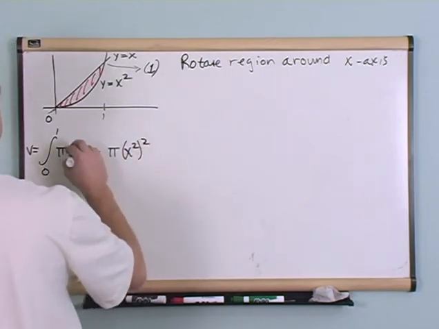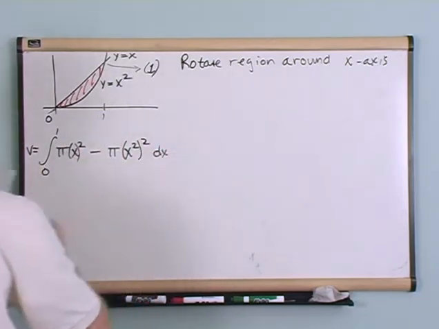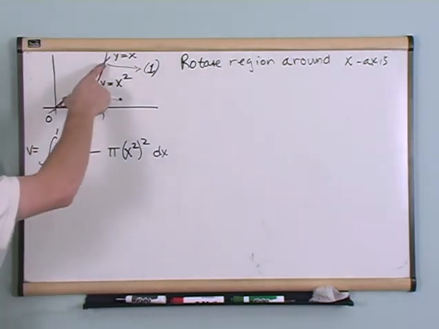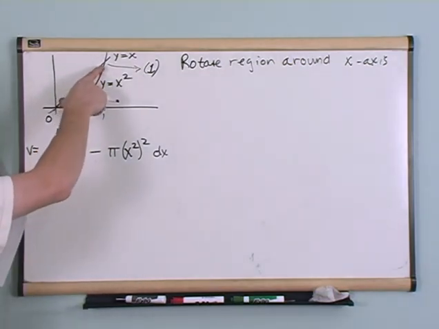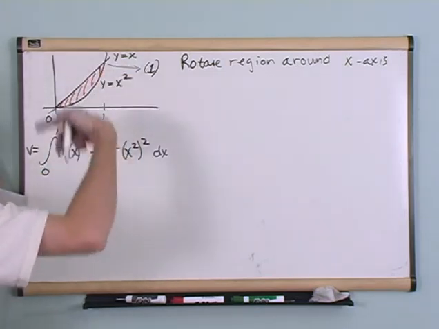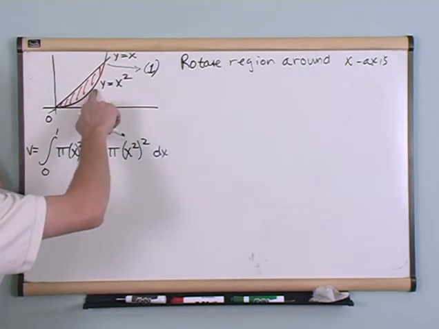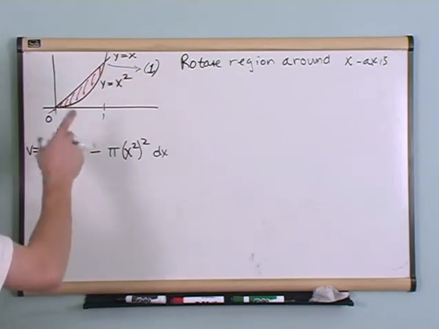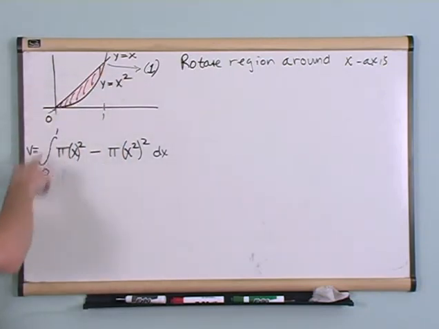Let me just write it like this and I'll explain it. What you're doing here is, if you find the volume of the function defined by the rotation of this line, you'll get a big number. And if you take what's left over from the volume underneath this curve and you subtract the two, what'll be left is going to be what's in between them.